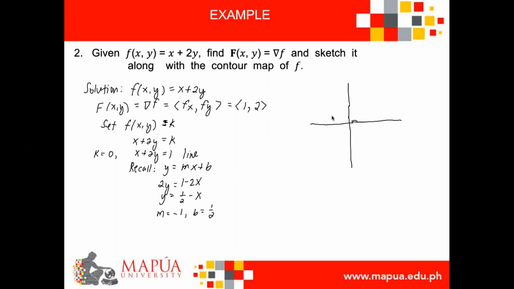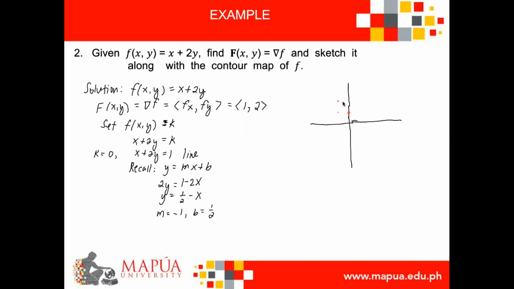So the y-intercept is a point on the y-axis at (0, 1/2). From that point, we measure for the slope since it is rise over run. We measure first the run, which is -1, then up, which is +1.